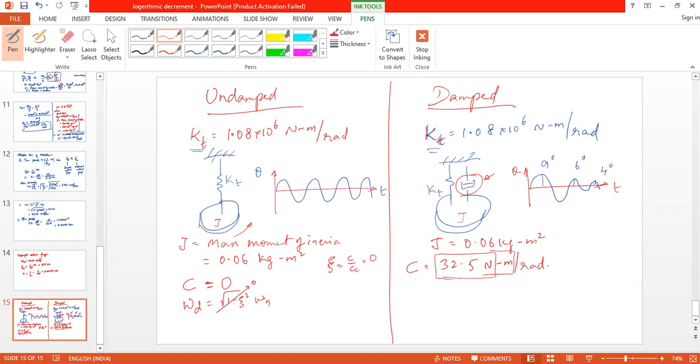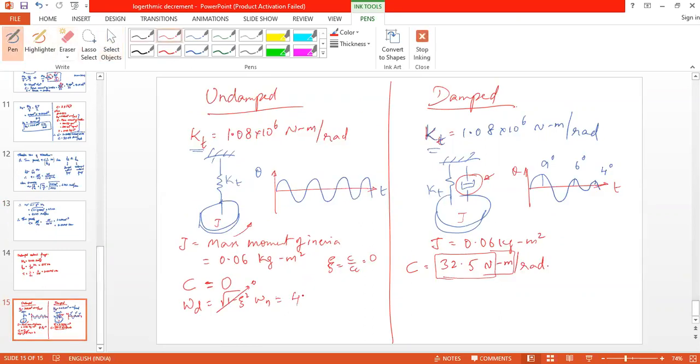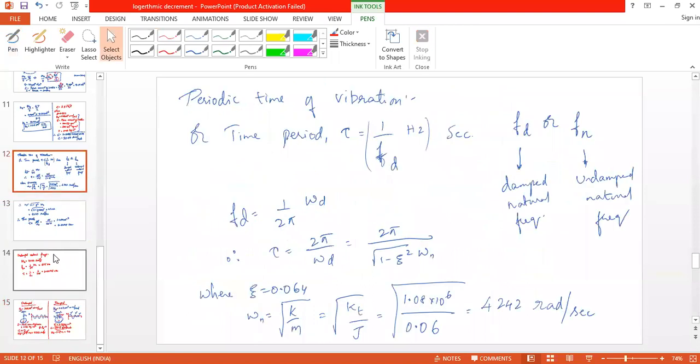So damped natural frequency is nothing but undamped natural frequency, that is equal to 4242 radians per second. Whereas in case of damped natural frequency, omega d is equal to root of 1 minus zeta square times omega n, that is 4233 radians per second. Omega d is not 4242.